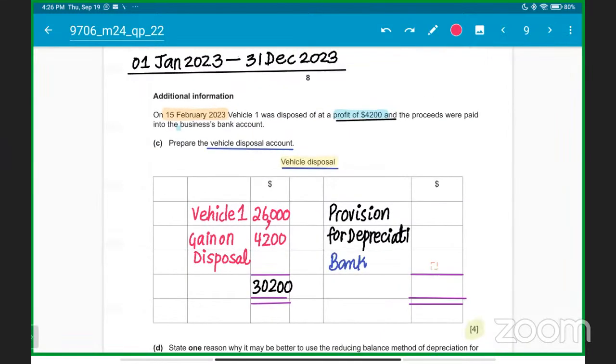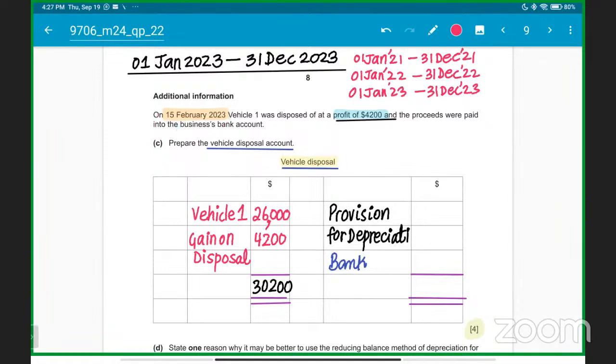So 1st January 2021 till 31st December 2021, it's the first year, students. Then 1st January 2022 till 31st December 2022, that's the second year, and then 1st January 2023 till 31st December 2023, that is the year of disposal.